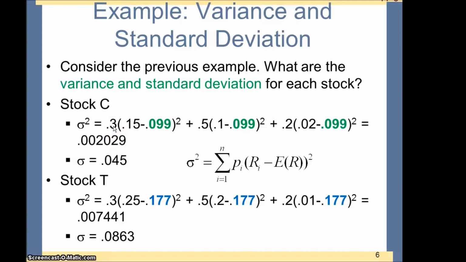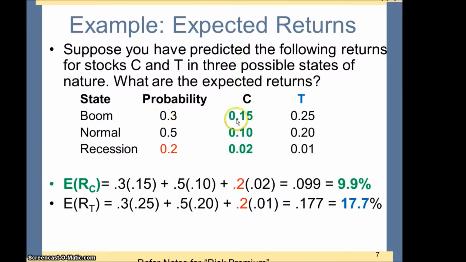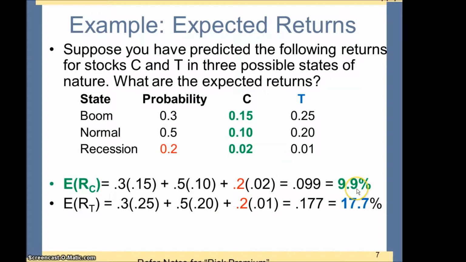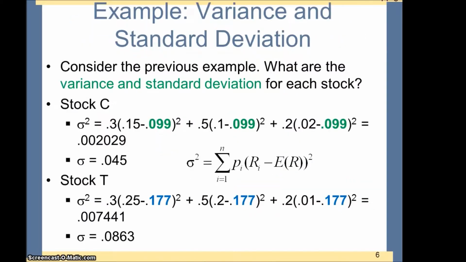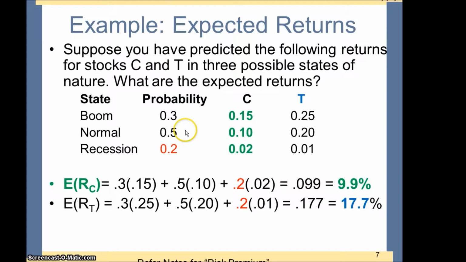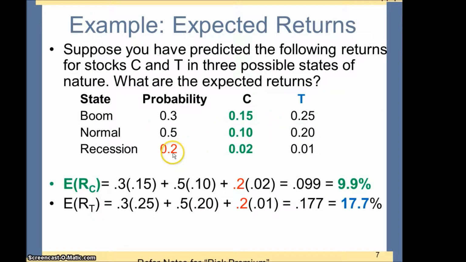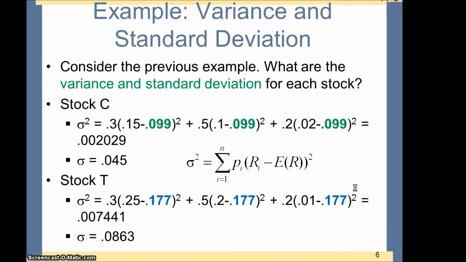Probability for the first state times 15% minus the expected return that we calculated just now, 9.9%, to the square, plus the second state, 0.5 probability times 10% minus 9.9% to the square, plus probability 0.2 times 2% minus 9.9% to the square.